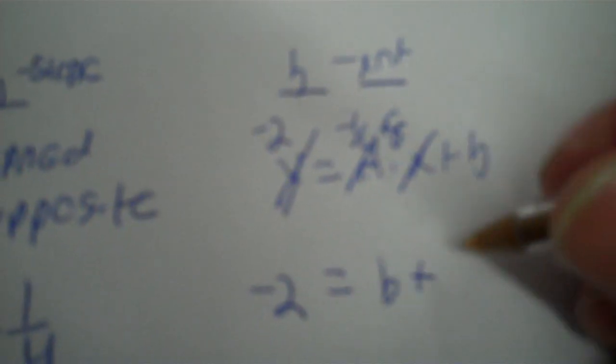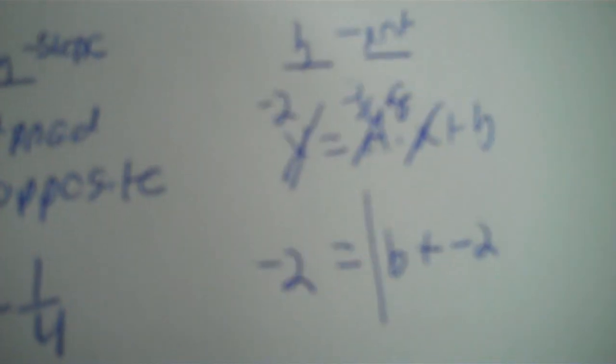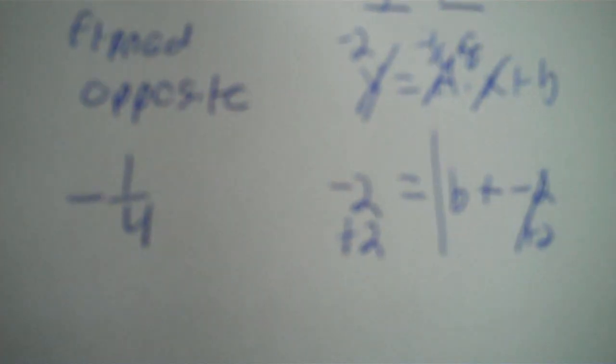B plus, we don't get lucky here, negative 1/4 times 8 is negative 2. So taking out a negative 2 is like taking out a minus 2, you would plus 2 to both sides, and negative 2 plus 2 is 0. 0 equals b. Now if you get a plus 0 on your b, you really just get rid of it, and the equation is y equals negative 1/4 x.